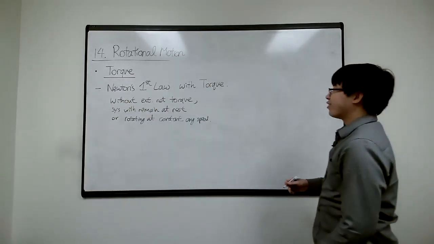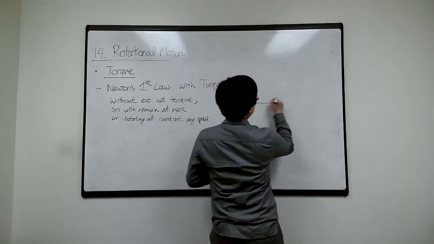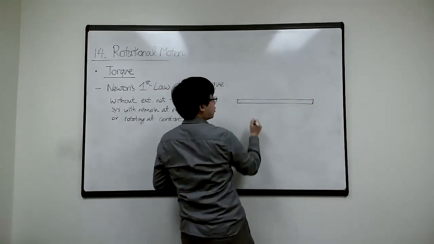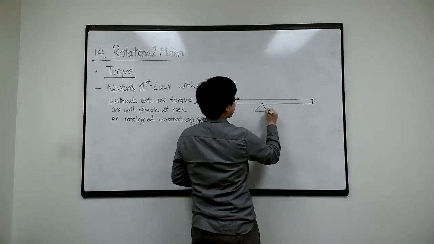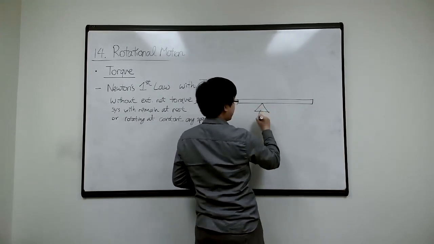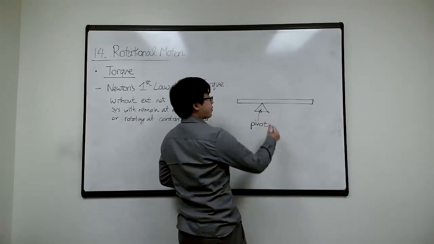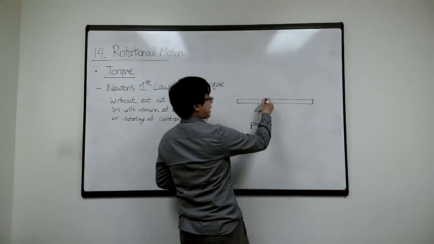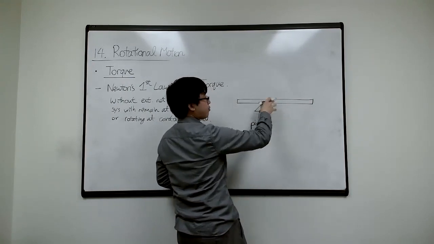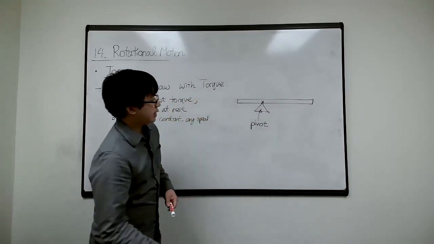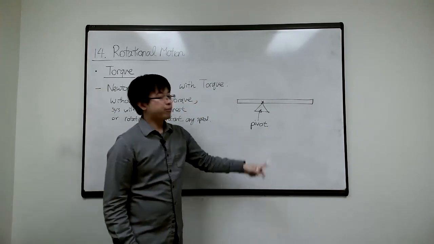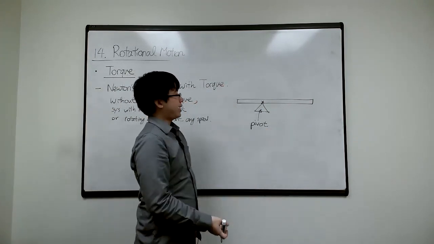So let's say I have a seesaw, a balance like this. I have a fulcrum over here, so let's call it a pivot. This is the rotational axis. As you see, the system will rotate about here. Usually it's fairly easy to determine with common sense which way things will rotate.